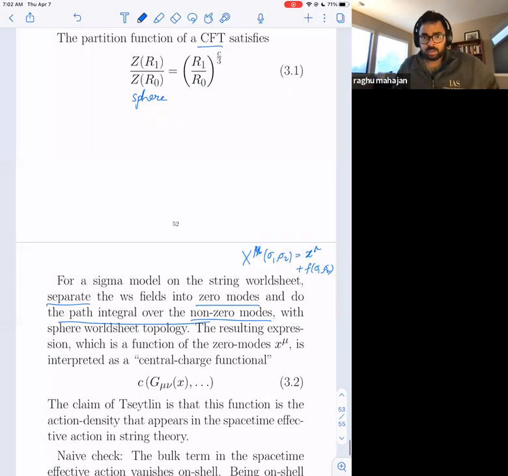And his claim is that when you do the integral, you get a central charge functional. So just like here, the sphere partition function is related to the central charge.